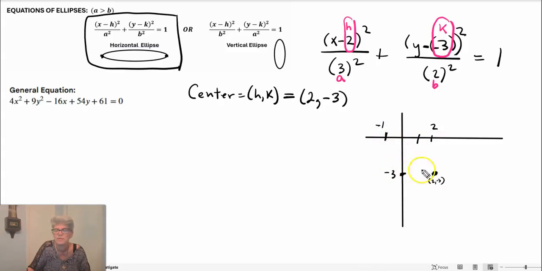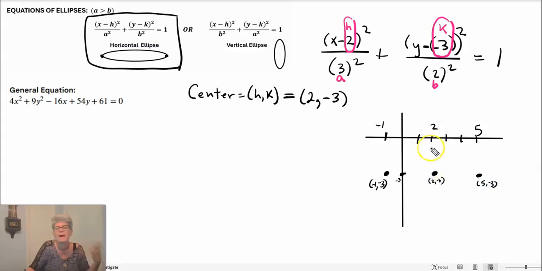So negative 1, comma, negative 3. That's one vertex, major vertex. And the other one's going to be 3 units to the right of the center. So 2, 3, 4, 5, and so this vertex would be 5, comma, negative 3.